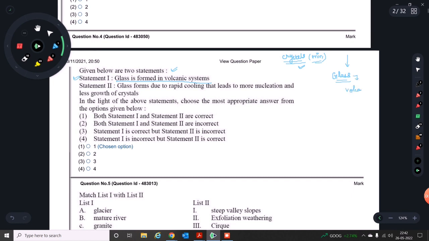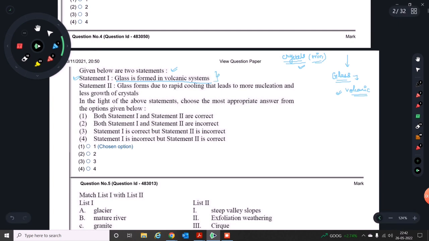So glass is possible in volcanic systems, because in an extrusive environment, if the magma suddenly comes out on the surface of the earth, it will cool down suddenly. It will not have enough time to form crystals, so it will form just glass. So statement 1 is correct.